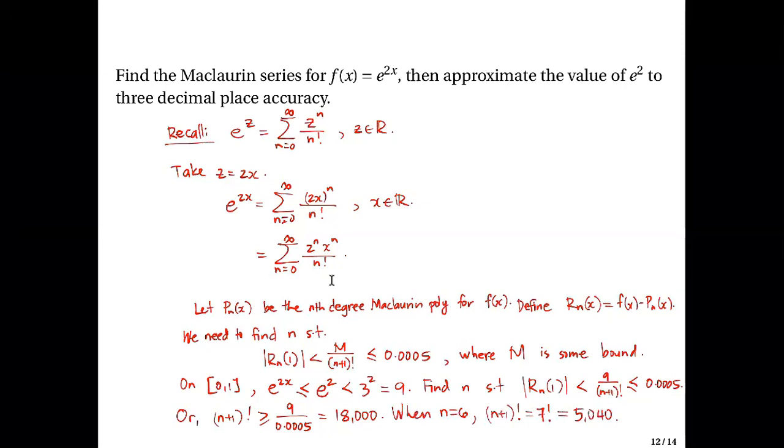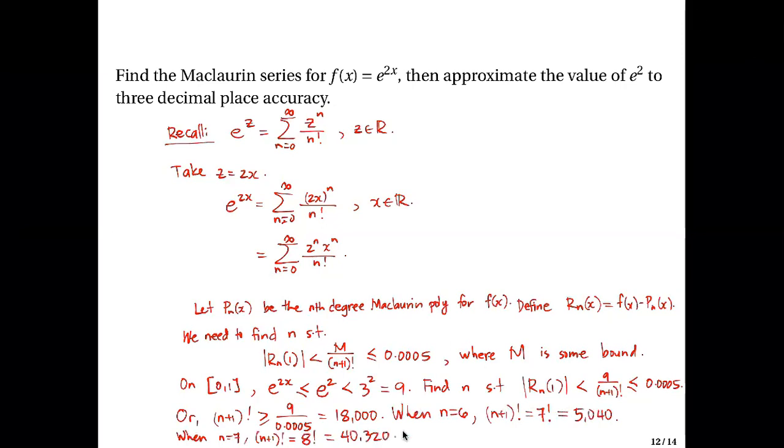And when n equals 7, n plus 1 factorial is 8 factorial, which is equal to 40,320.